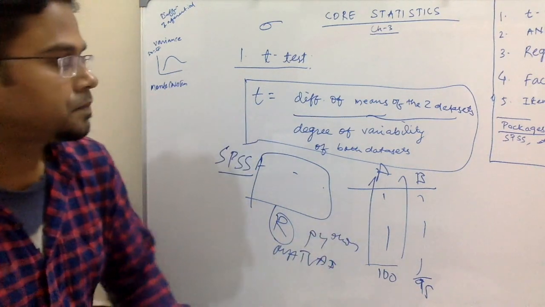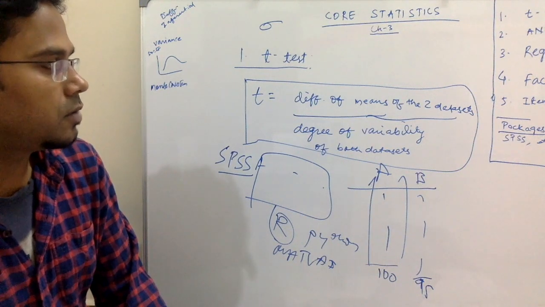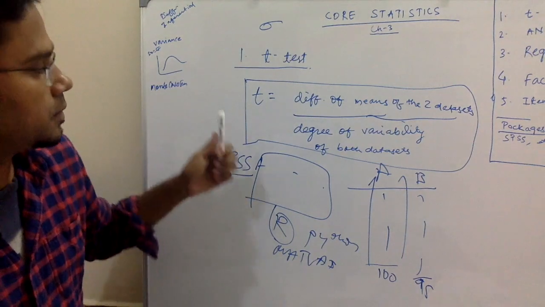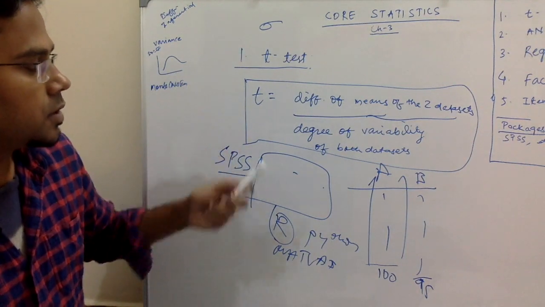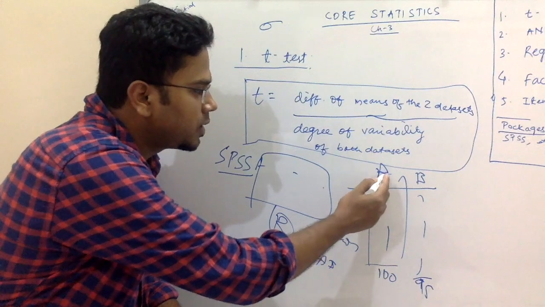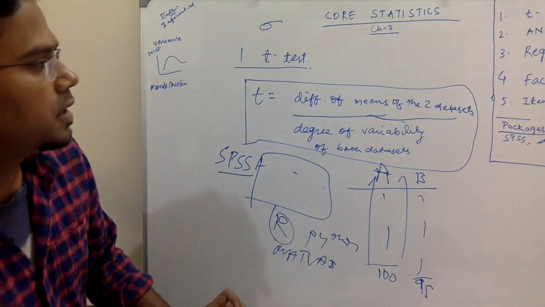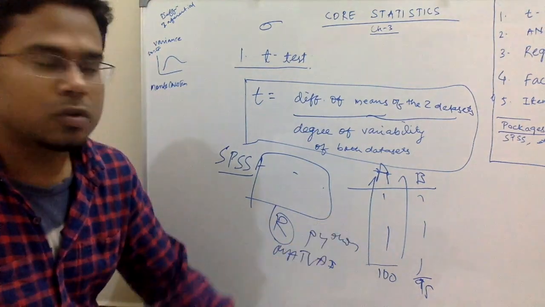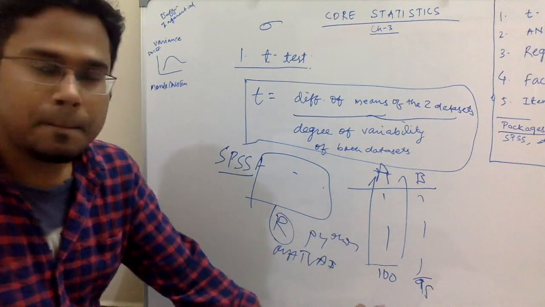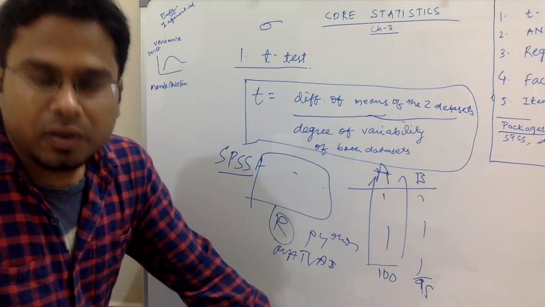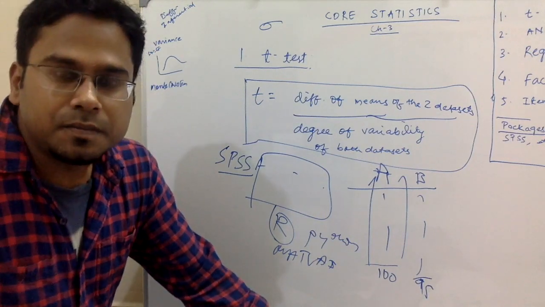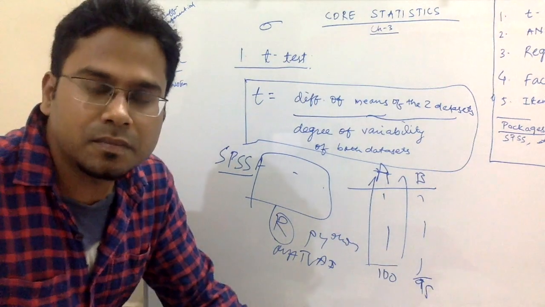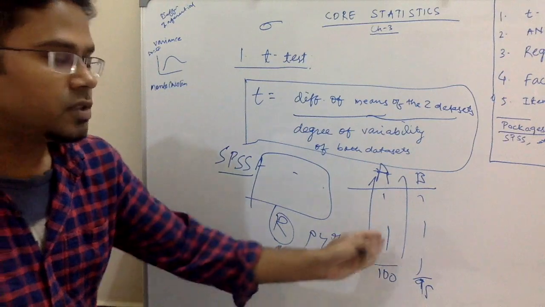An example could be, let's say you are conducting a psychological therapy study between two groups. One is given cognitive behavioral therapy, and the other group is given just meditation and yoga. Okay, so you want to see which is more effective.